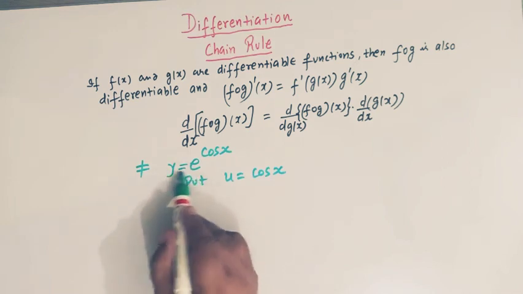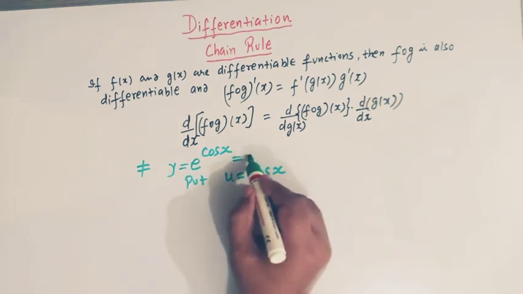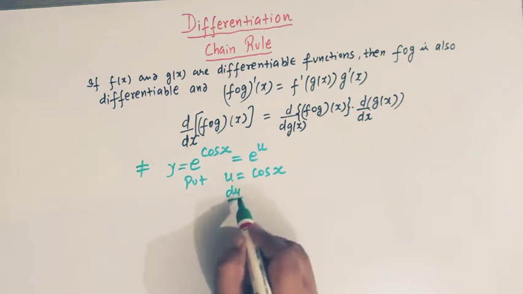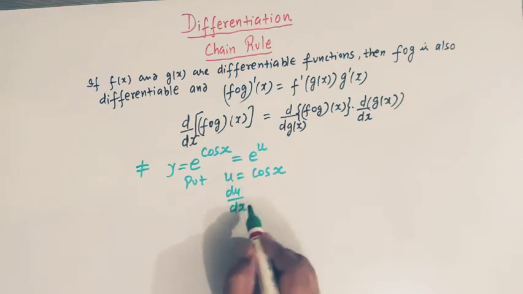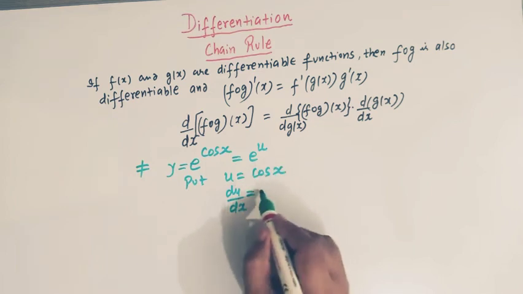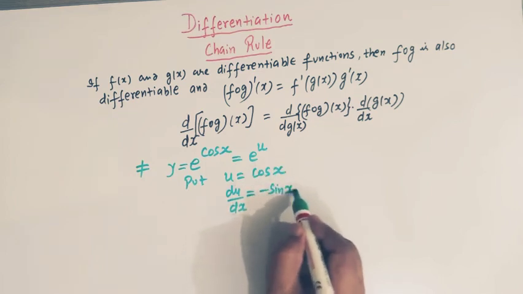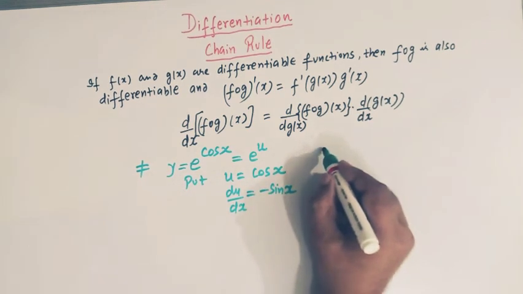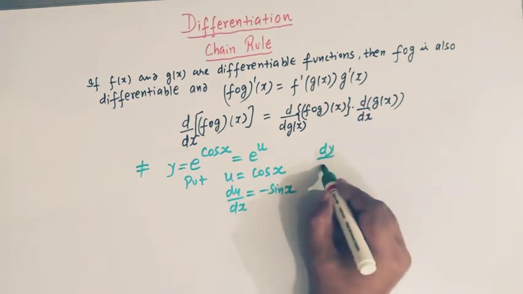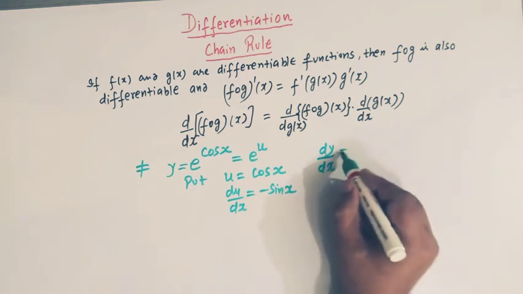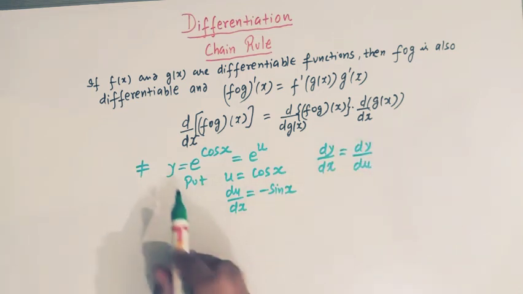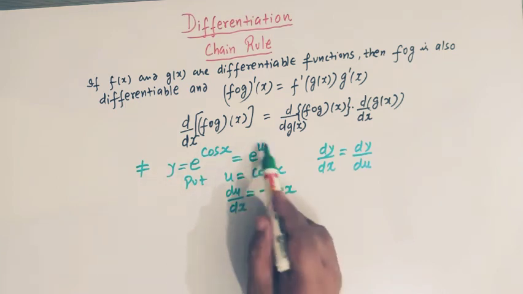So this function now becomes e^u, and the derivative of u with respect to x is minus sin x, right? And now we have to find the derivative of y with respect to x. So we can write it as dy/du times du/dx, because first we have to differentiate this function with respect to u.